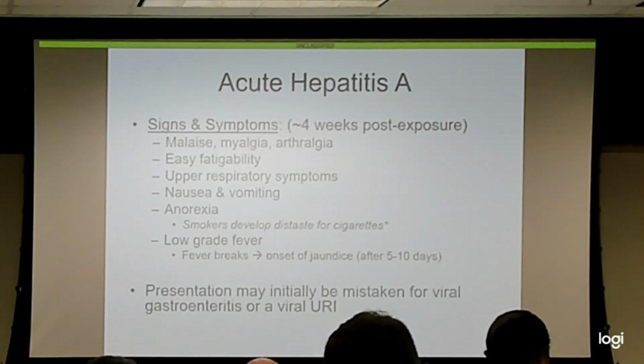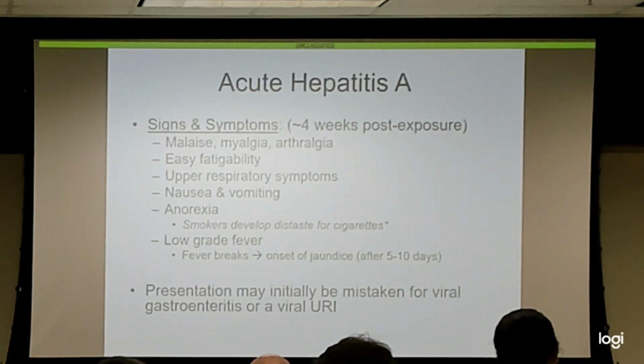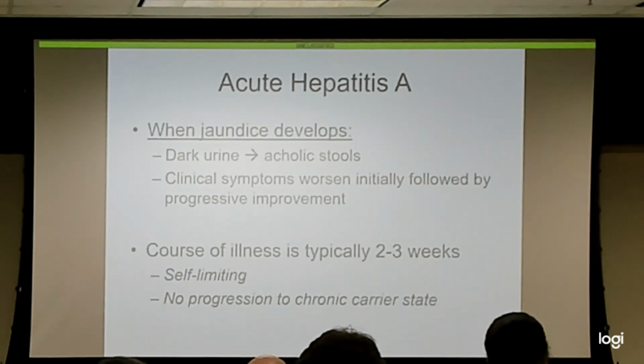Signs and symptoms after 4 weeks post-exposure: malaise, myalgia, arthralgias, easy fatigability, upper respiratory symptoms, nausea and vomiting, anorexia. Again, the smokers stop smoking. Low-grade fever, but once the fever breaks, you start getting jaundice after about 5 to 10 days. Presentation may initially be mistaken for viral gastroenteritis or a viral URI, so keep that on your differential.